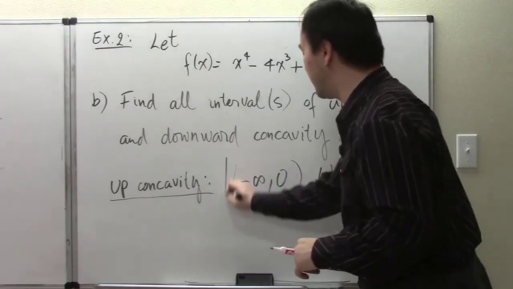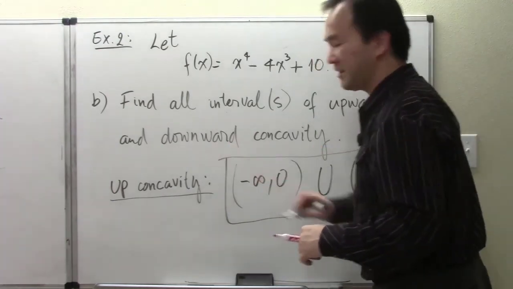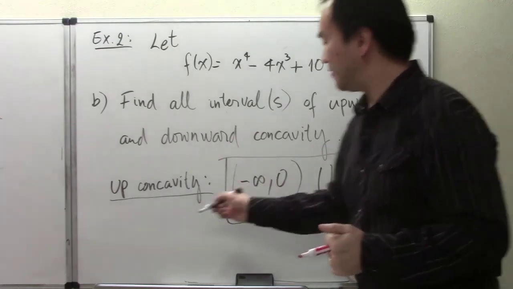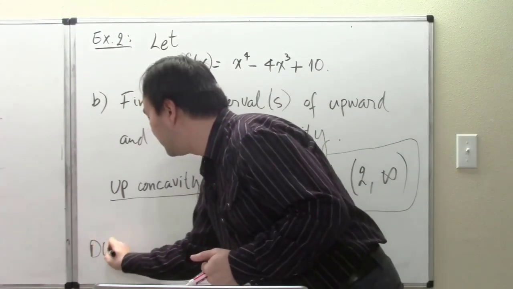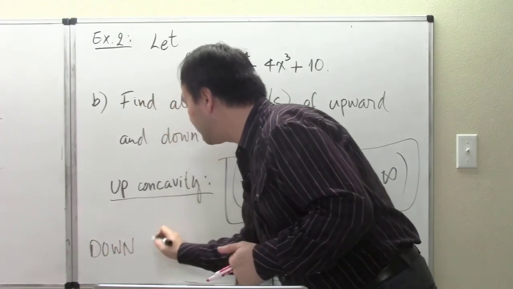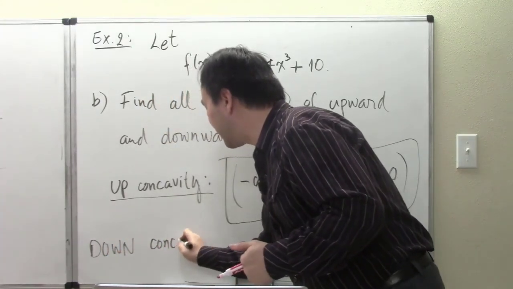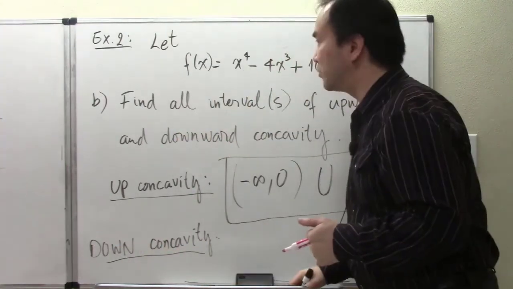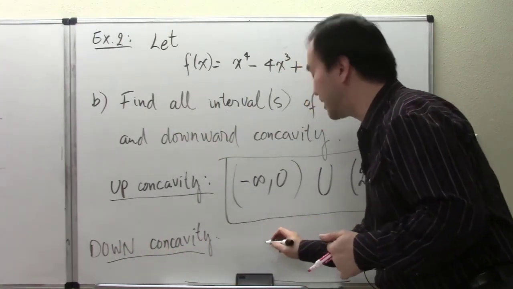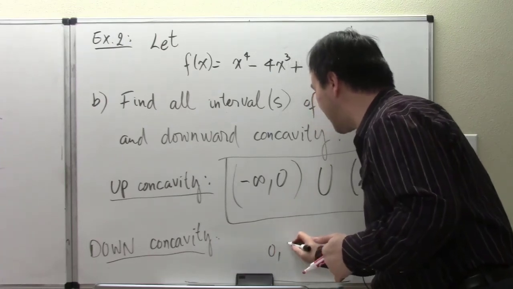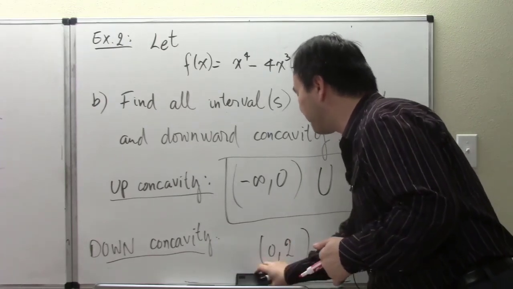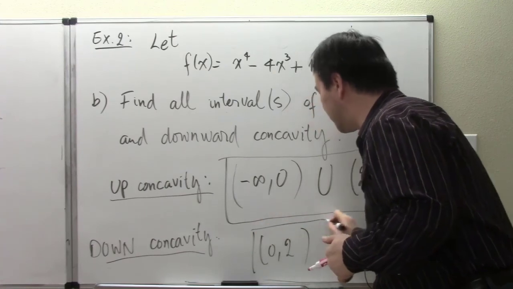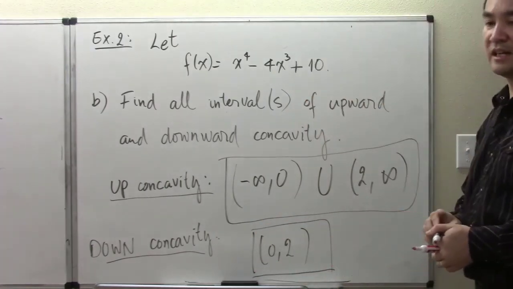So we found two intervals for upward concavity. And for downward concavity, the only interval is x values between 0 and 2. That's our interval for downward concavity.